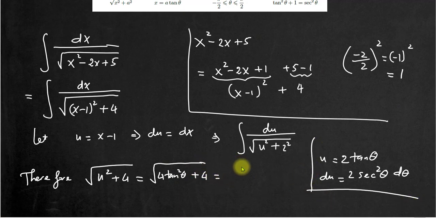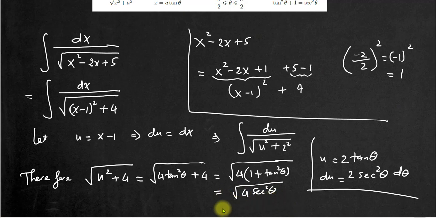And I know that I can factor out a 4, which gives me 1 plus tangent squared. When I pull out the 4, I have 1, and tangent squared. And I know that 1 plus tangent squared is equal to secant squared.